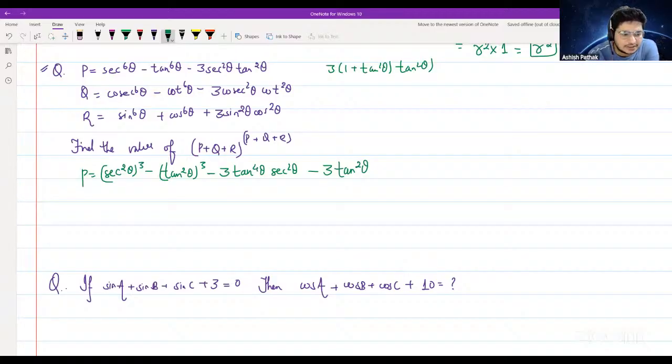Do that and tell me the answer. Okay, we will write this one as 3 tan square theta minus 3 tan to the power 4 theta.